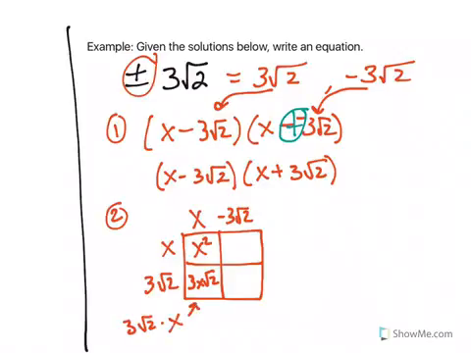That's what we get. Here we get negative 3x radical 2. And down here we get 3, I'm going to write it out. We have 3 times 3 times 2 times 2. Oh, and there's a negative for one of them, so one of those is a negative 3.